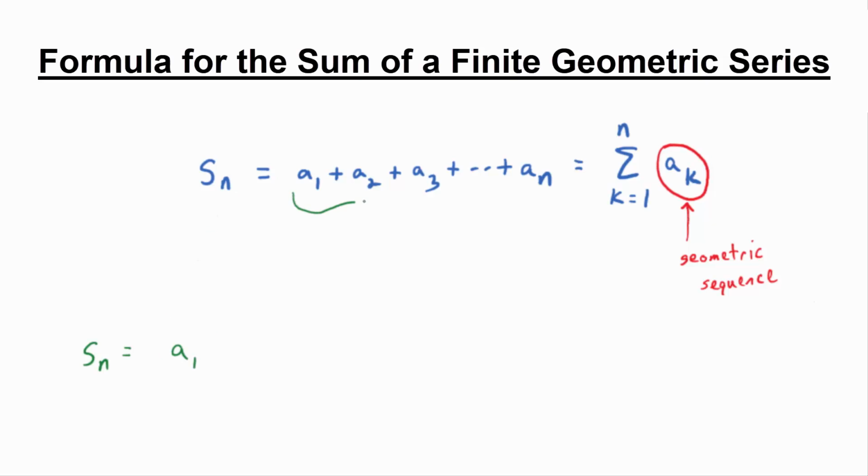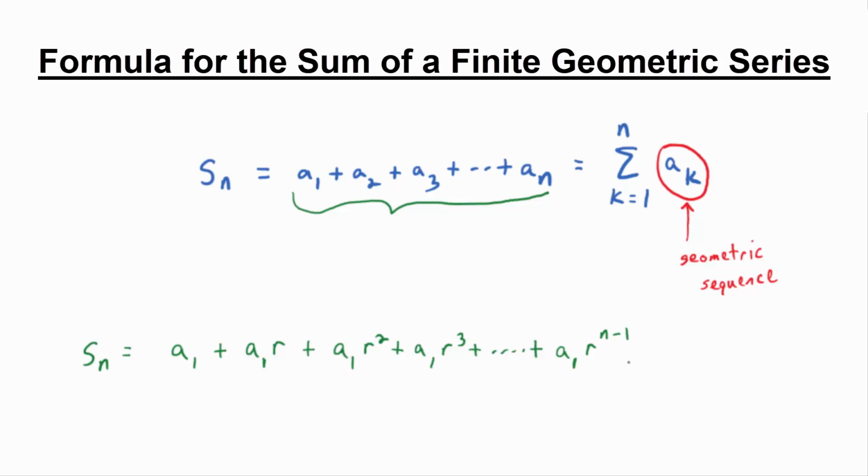I'm going to write out this longhand version, but put in what those terms should be. You can think recursively here: the first term is A1, the second term is A1 times R. The third term is A1 times R squared. The fourth term is A1 times R cubed, plus dot, dot, dot. The nth term is A1 times R to the n minus 1. That's the formula we just developed for the nth term, right?